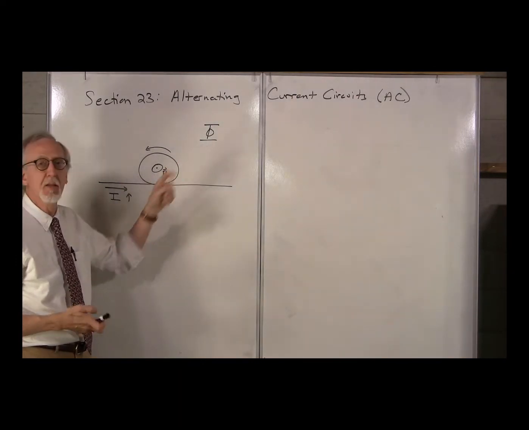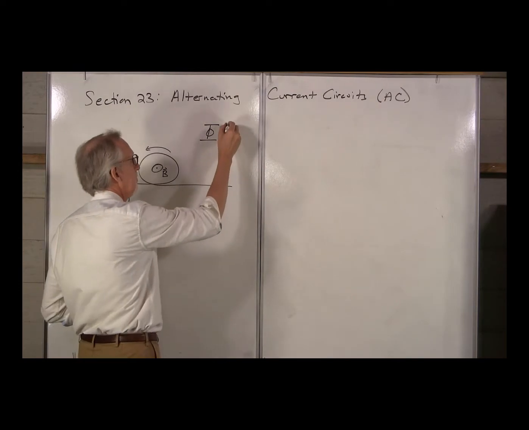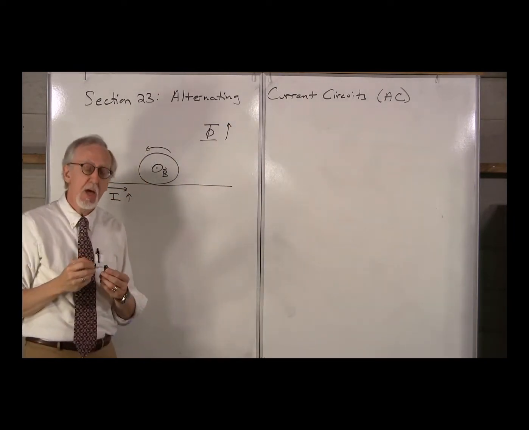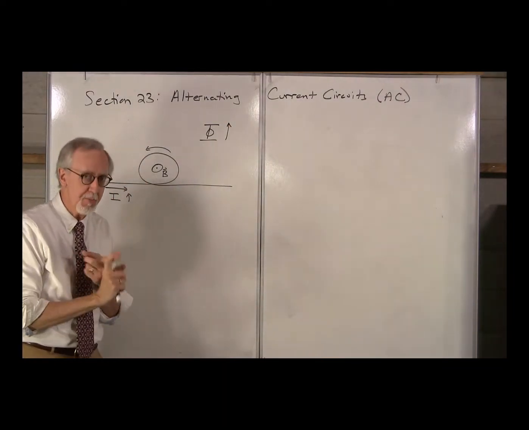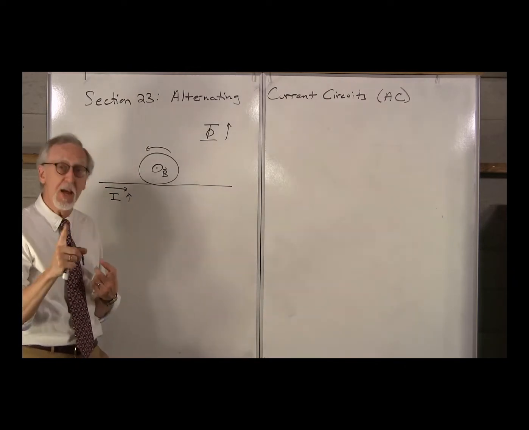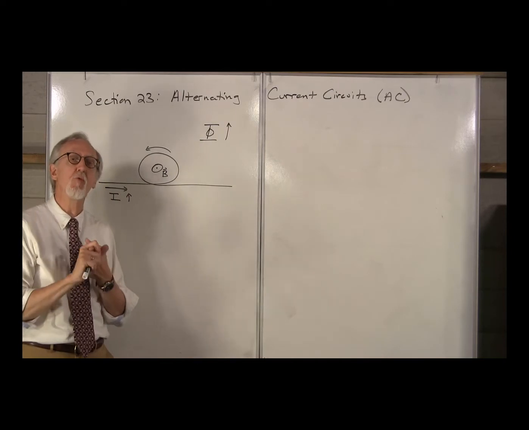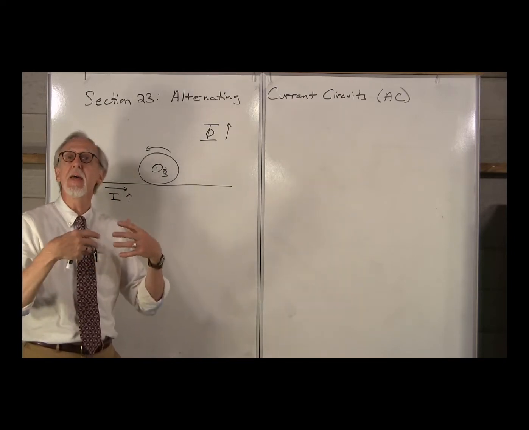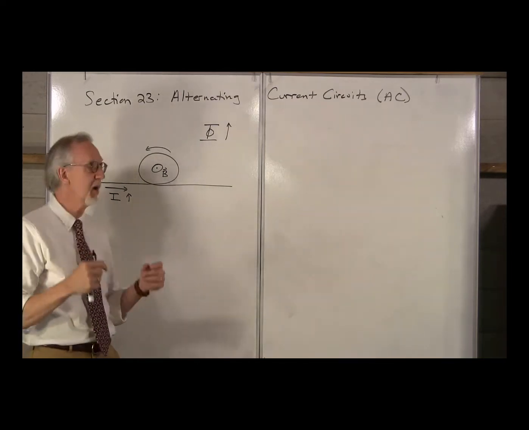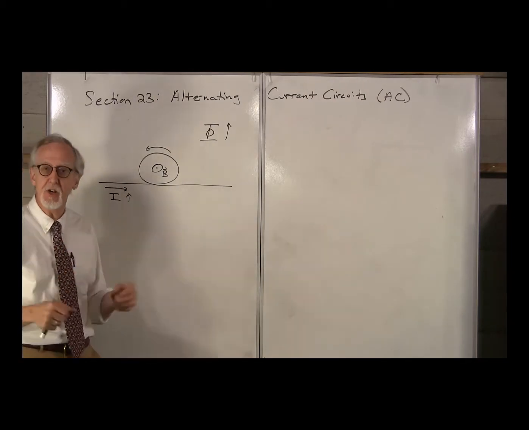Increasing the magnetic field increases the flux. That creates a changing magnetic flux. But a changing magnetic flux creates an EMF around the loop that would induce a current, or in this case, induce a change in the current.